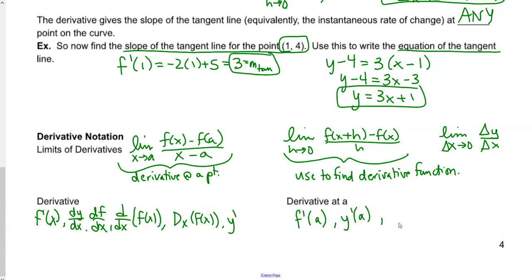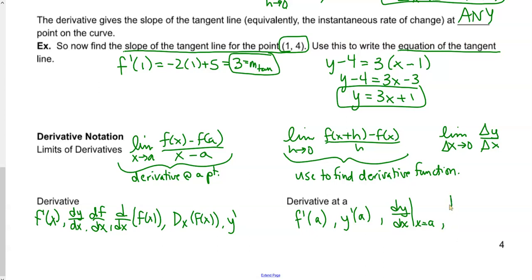But then in your book, it uses a lot of notation where we do dy over dx, and then it has a straight line. Sorry for the delay again. It has a straight line that then will give you x equals some number, and that number is a. Okay? So we can use that dy over dx.